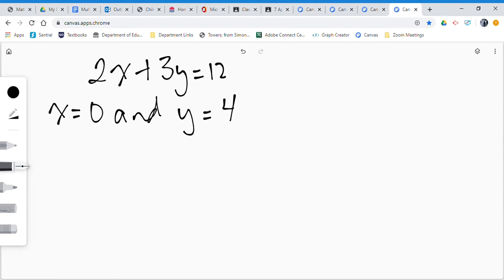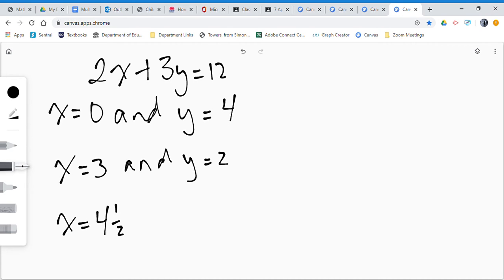Another possible solution would be x equals 3 and y equals 2. Another example would be x equals 4 and 1/2 and y equals 1. These are all examples of possible solutions.